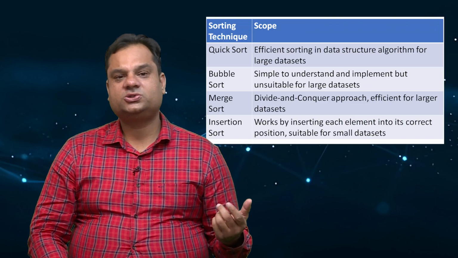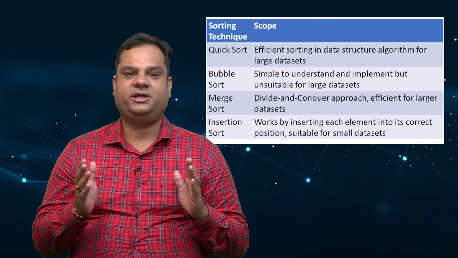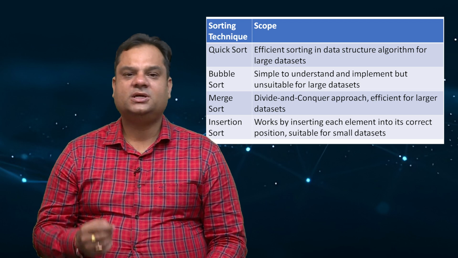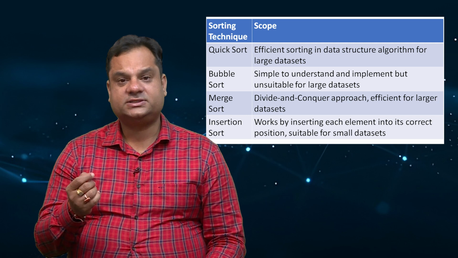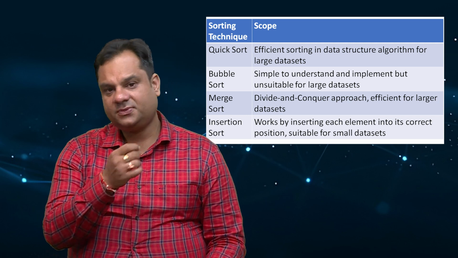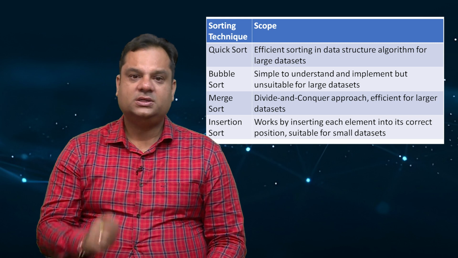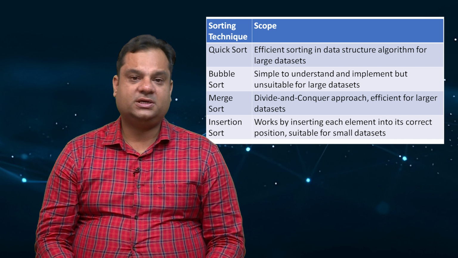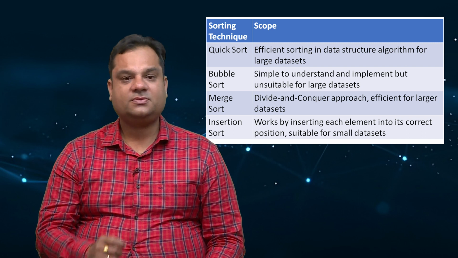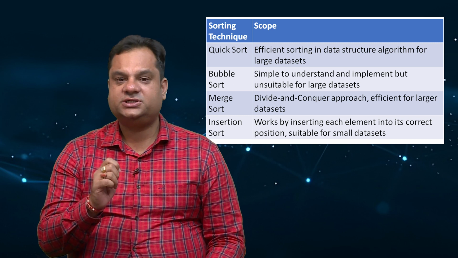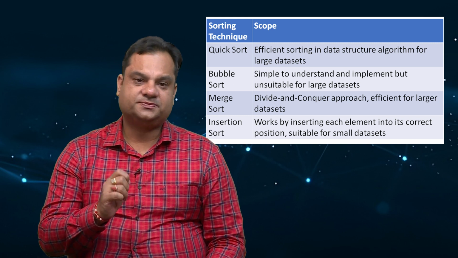Here we are comparing the techniques and their scope. In quick sort, the scope is efficient sorting in data structure algorithms for large data sets. Second one is bubble sort, simple to understand and implement but unstable for large data sets. Merge sort, divide and conquer approach, efficient for larger data sets.